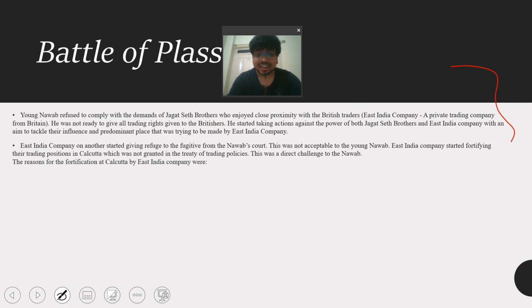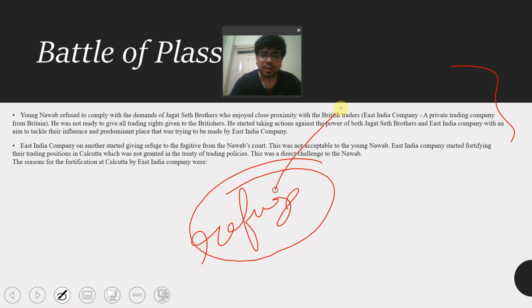Now, one thing that triggered the Nawab to take strict action: whoever was an enemy of the region, or any refugee of that region, started to be supported by the British. How?